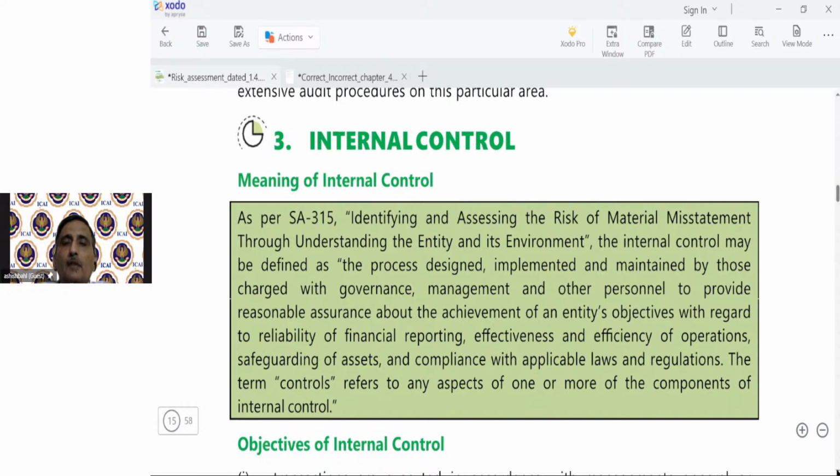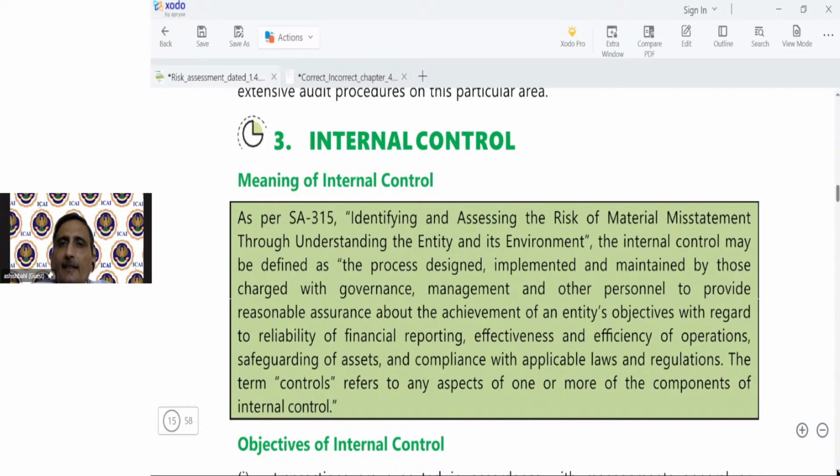Now we come to the theory questions of 3 marks, 4 marks which you are asking about. Some of these questions can be of direct type. A direct type question could be, explain the different components of audit risk in brief.